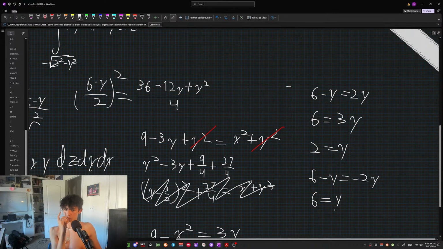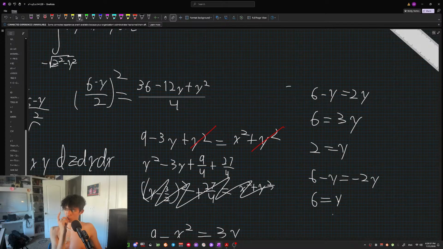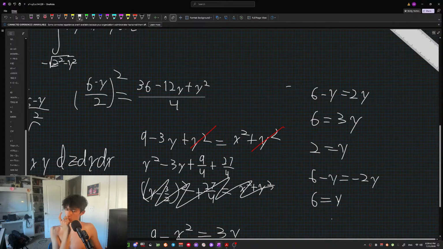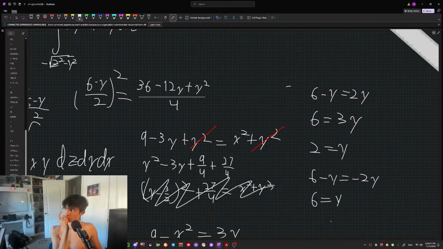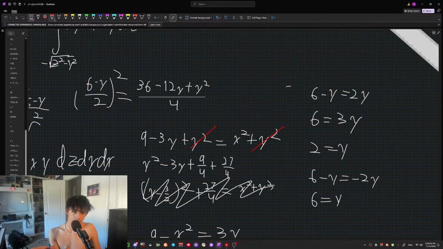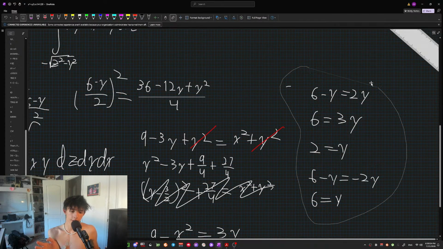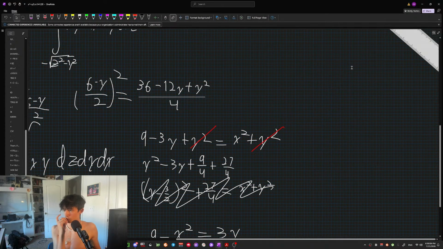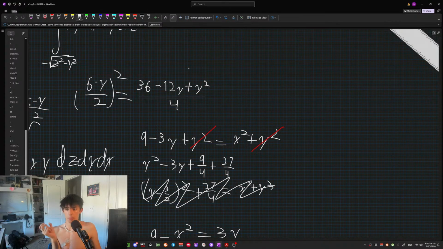What? Oh, wait, no, because it's absolute value. So if we do 6 plus y, that'd be the equivalent of 6 minus negative y. Yeah.